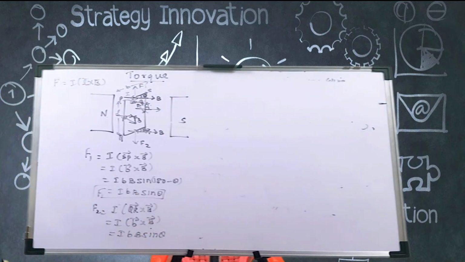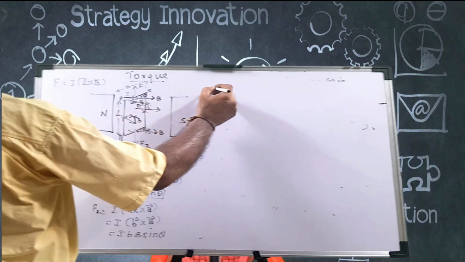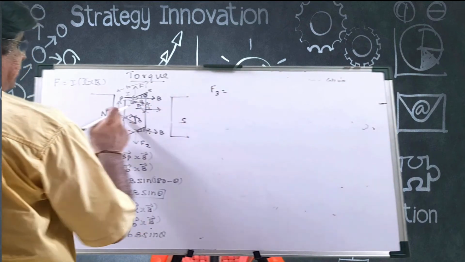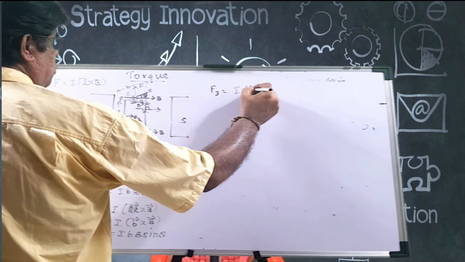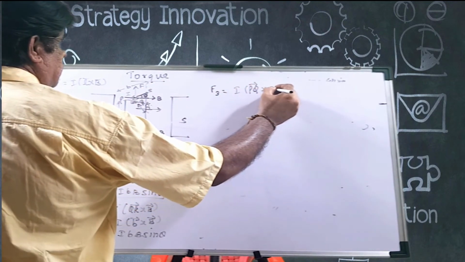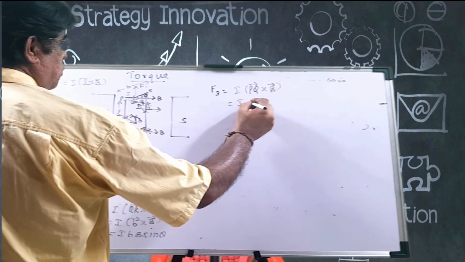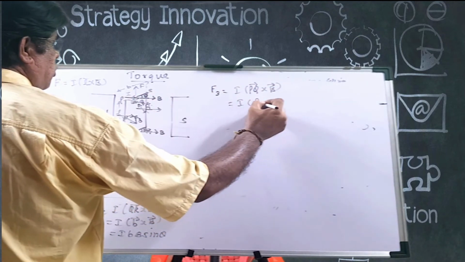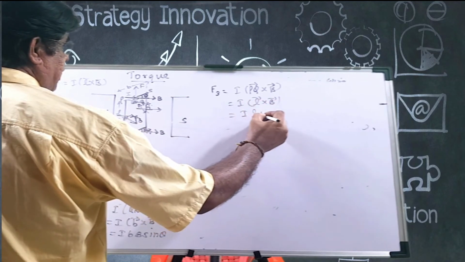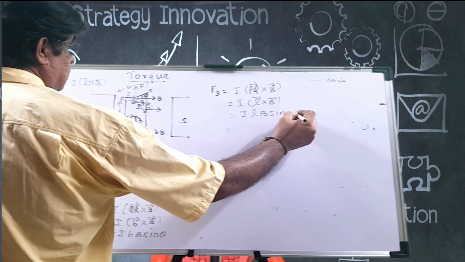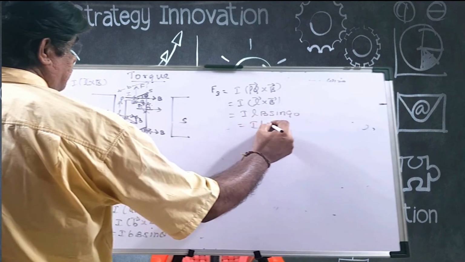Now F3 and F4 are the next part we will do. So F3 will be equal to, now F3 acts on PQ and F4 acts on RS. So I into PQ cross B, which is I into PQ is the length L, so L cross B. Here theta is 90 in both the cases, so I L B sine 90, which will be ILB.